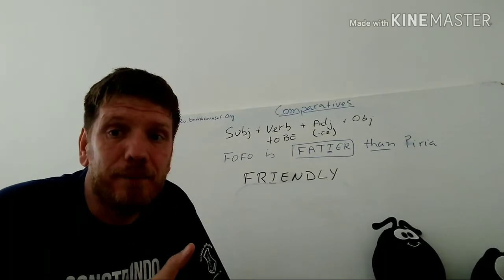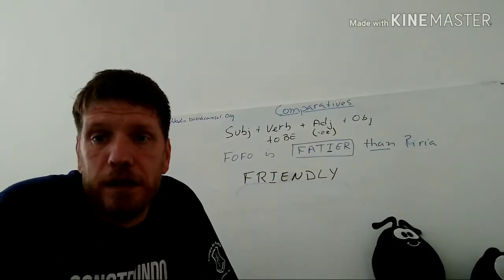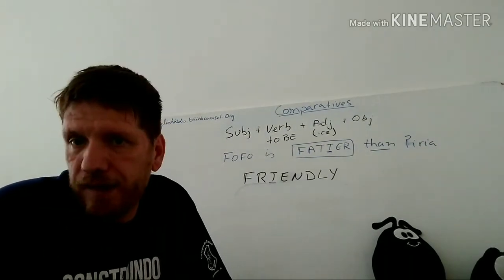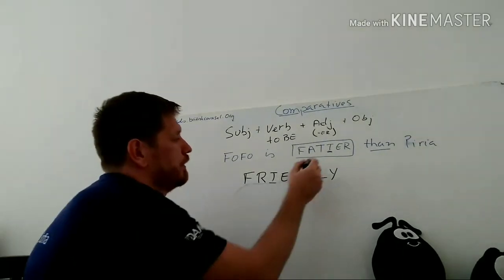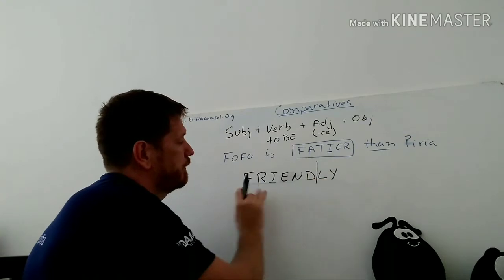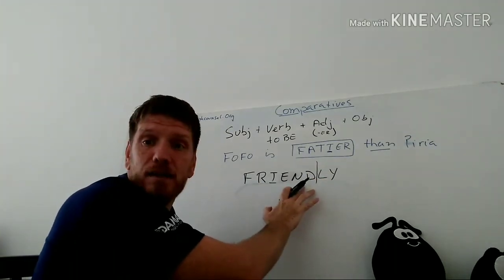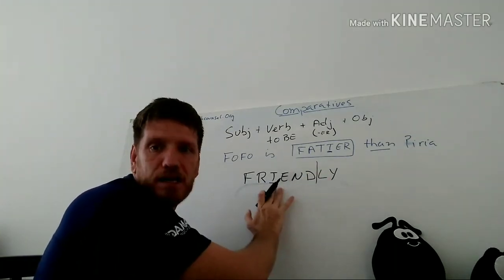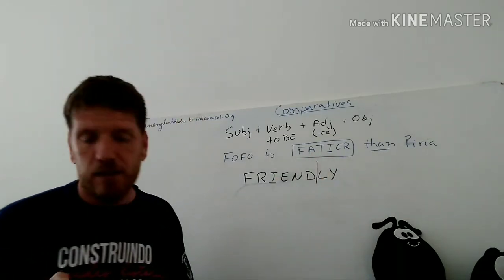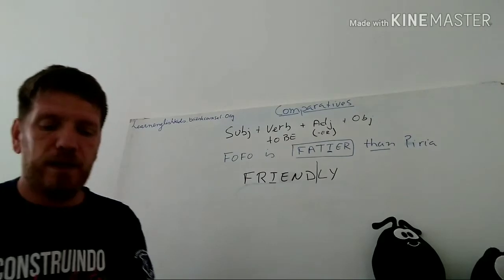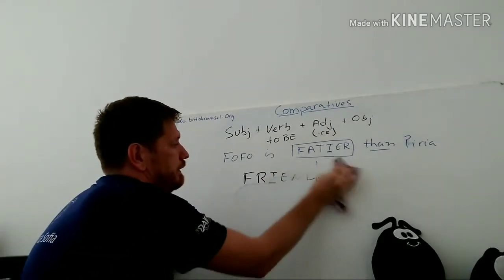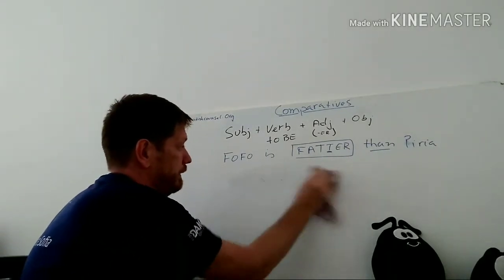So as you can see, it would be considered in Portuguese a dissyllable. Why? Because it only has 2 syllables. Friend, friendly. Friendly. Okay? So, getting that out of our way, now we can talk about the groups.